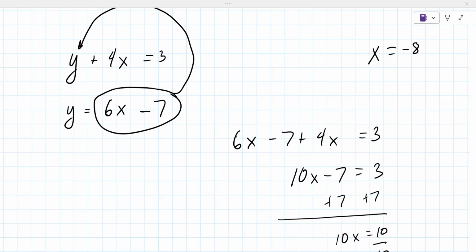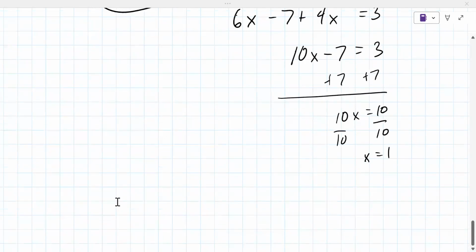Okay, so let's put that in. 6 times 1 minus 7. What does that become?